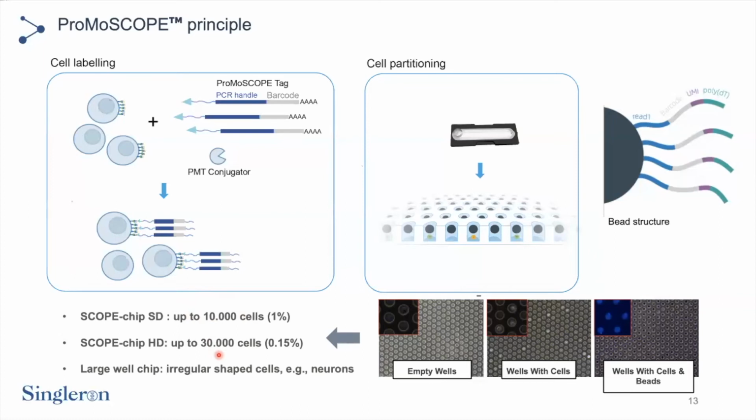Most of the cells are below 30 microns, but some of them are bigger than that. And they can be challenging to handle because they don't fit in droplets or in these wells. So what we did is we increased the size of this well to accommodate irregularly shaped cells, such as neurons or cardiomyocytes. But this is also available.